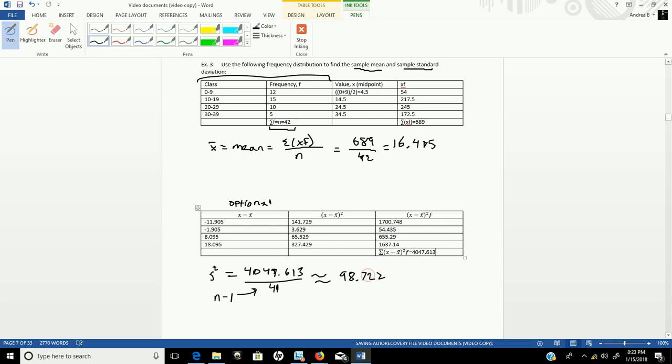Remember, once again, go out at least 2 decimal places. You can always go out more. So that would be for the variance. For the standard deviation, remember you then do the square root of what you got for your variance.